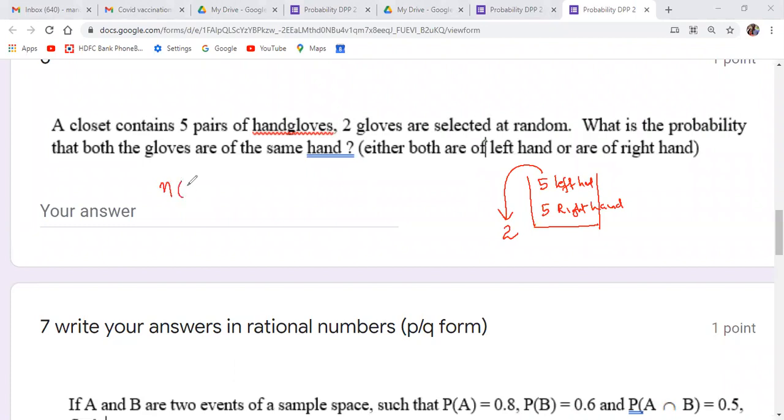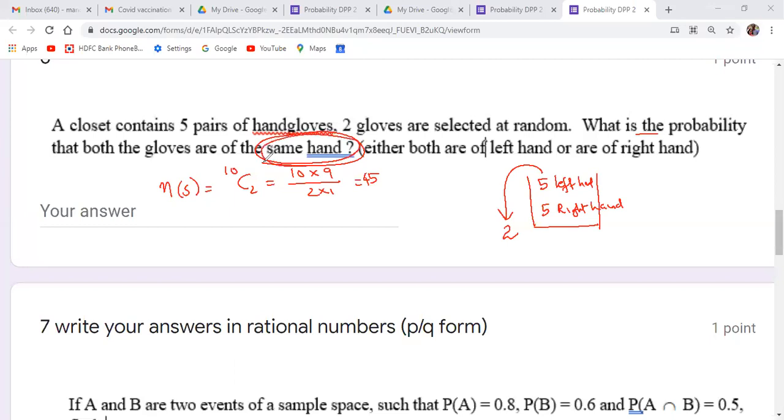So tell me N of S. It will be 10 C2, which is 10 into 9 upon 2 into 1, that is 45.